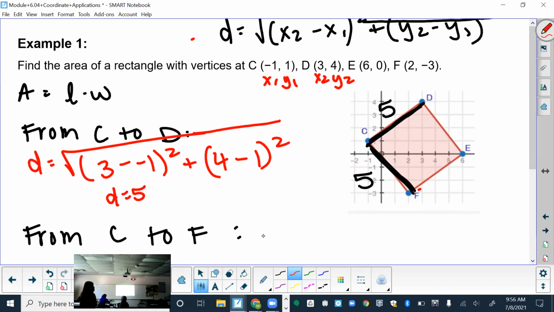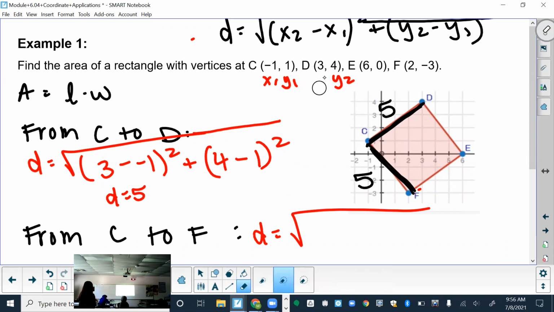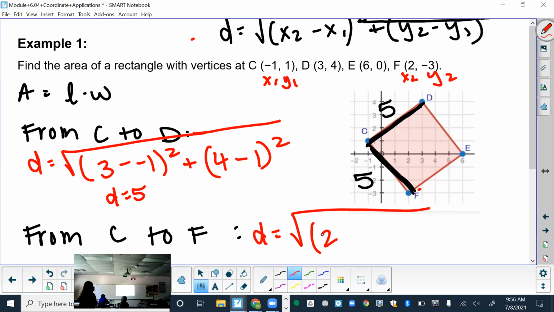For C to F, it should have looked like this. I'll keep C as my x1, y1. We'll make F x2, y2. X2 is 2 minus x1, which is -1.